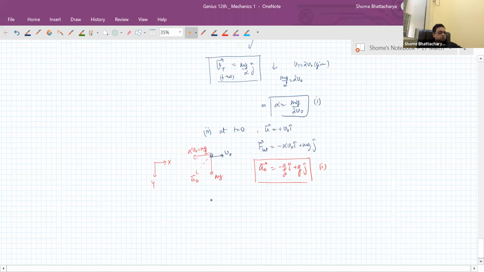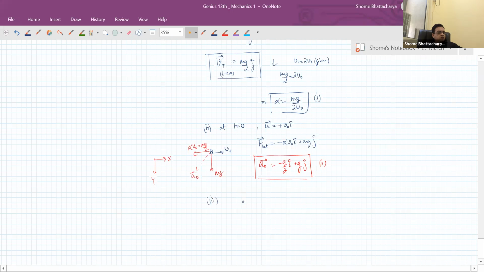Okay, so third part, when Vx has become v naught by 3, that means v naught e raised power minus t by tau, where that tau is basically m by alpha, this term is equal to v naught by 3.